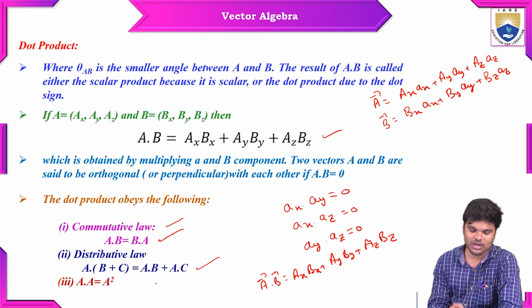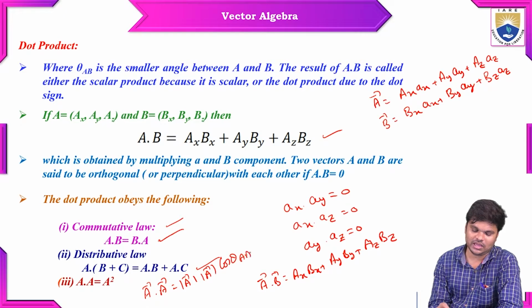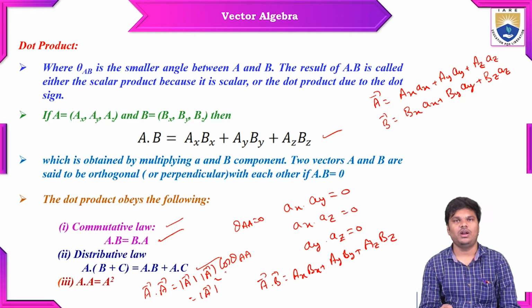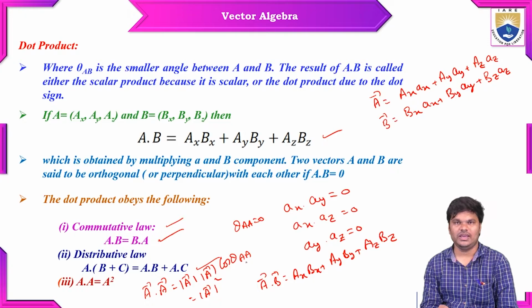So A bar dot A bar is mod A times mod A times cos of theta AA. Cos 0 is 1, so A bar dot A bar is A squared.